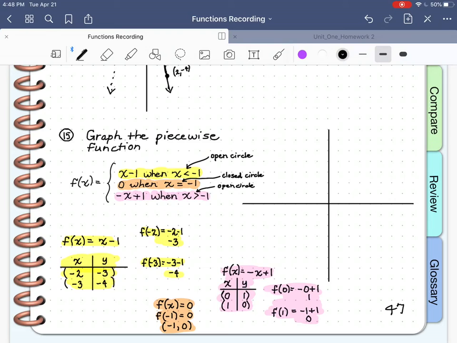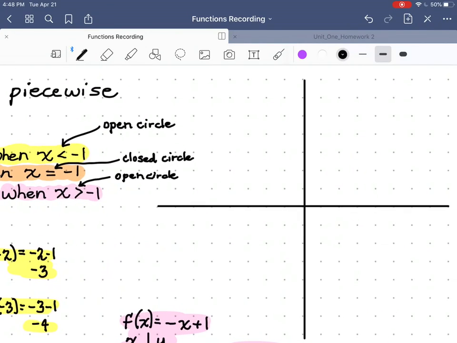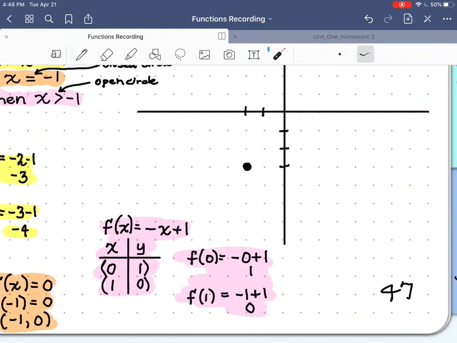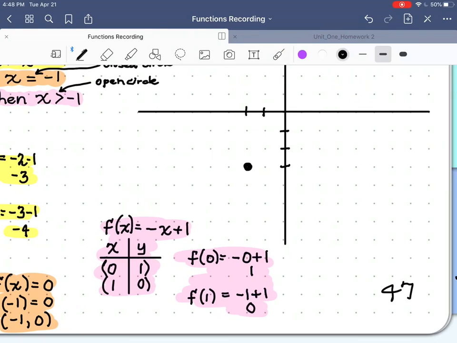So -2, -3 is going to be back 2 and down 3. So -2, -3 is right there. And that's this point that I just graphed. Then I'm going to graph this one, -3, -4. So I will back up 3 and drop down 4.